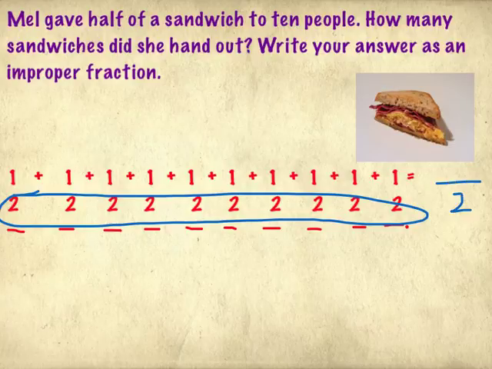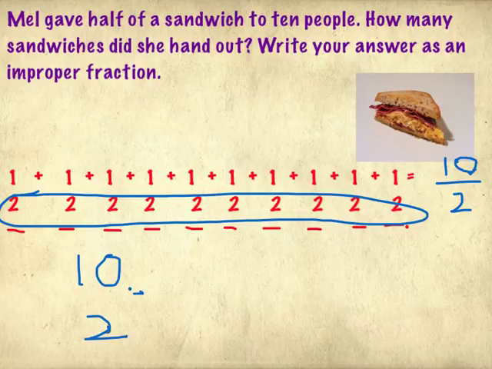The top number you do add up. So there's 10 of them, and I'm adding 1, so 10 times 1 is 10. How many sandwiches did she hand out? She handed out 10 halves. Sorry, I'm having some technical issues here, but you get the idea. The top number adds up, bottom number stays the same, 10 halves.